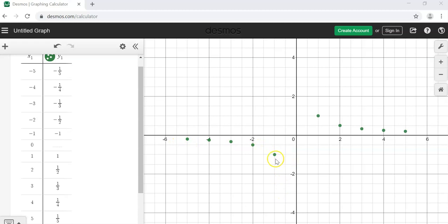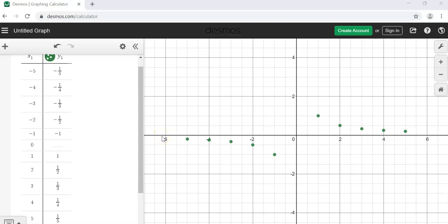Now, why don't we have any values in this region here? Well, think about our formula. If I substitute in negative 1, remembering our formula is y is equal to 1 over x, this gives me a whole number. As I increase the magnitude of these negative numbers, my function value is going to get smaller and smaller. However, it's never actually going to touch this horizontal line.